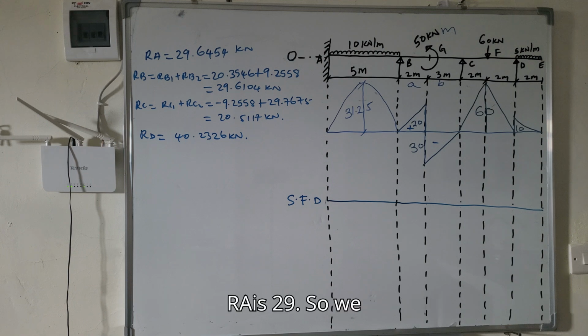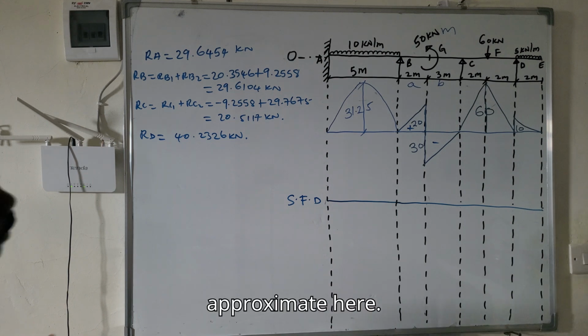So RA is 29.6454, so we approximate here.